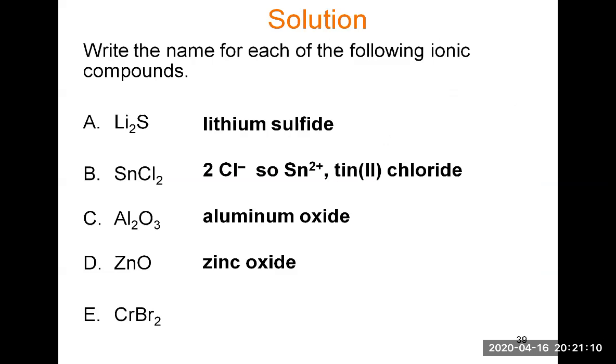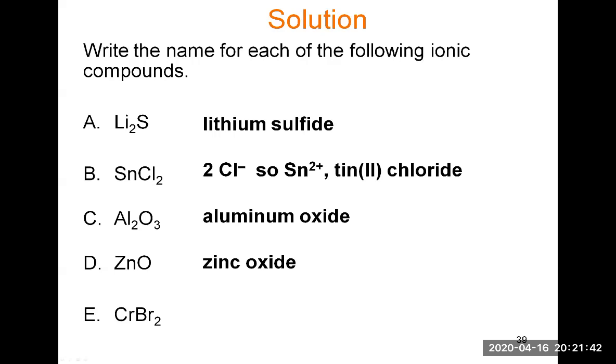The last one, CrBr2. Cr is chromium. That's a transition metal in the B groups near the middle of the periodic table. And that's not an exception. It can vary in the type of ion it makes. So we will need to use the formula CrBr2 to find out what is the charge on chromium in this compound.